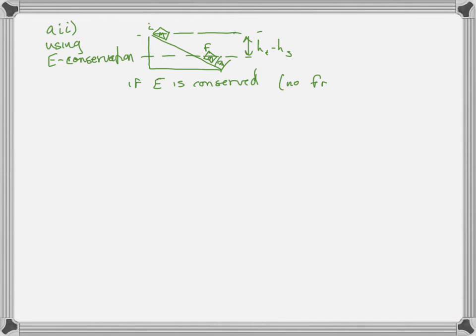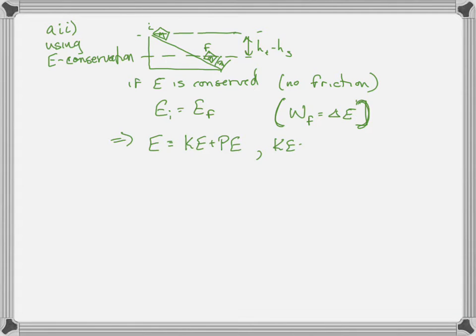If energy is conserved, in other words there's no friction, then the initial energy equals the final energy. If there is friction, then the total work done by the non-conservative force, or the work done by friction, is equal to the change in mechanical energy, where mechanical energy, remember, is kinetic energy plus potential energy.